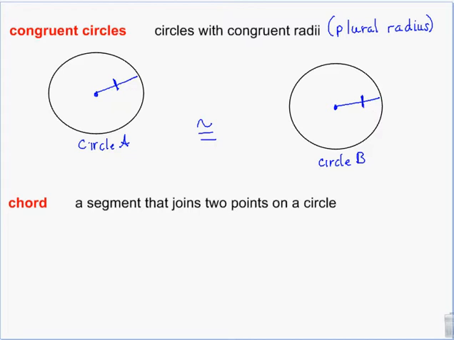A chord is a segment that joins 2 points on a circle. It is any 2 points on the circle, so it can go from here to here. That's a chord.